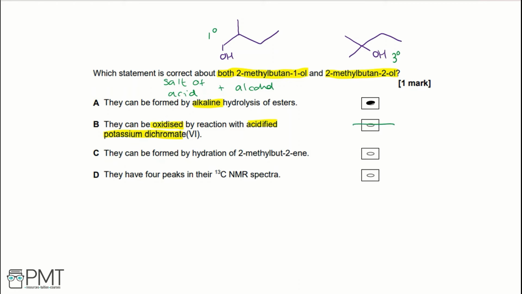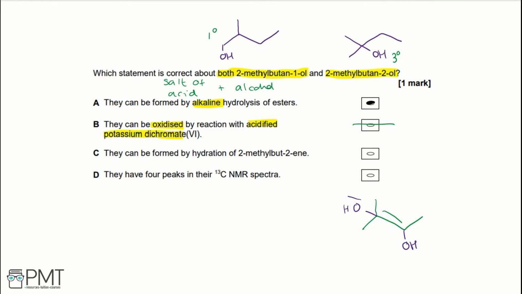Then if we look at C, they can be formed by the hydration of 2-methylbutene. So let's draw this out. We need a 4-carbon chain, and then we have a double bond on carbon number 2 and a methyl group on carbon number 2. So with the hydration of 2-methylbutene, you would either get an OH group here or an OH group here.